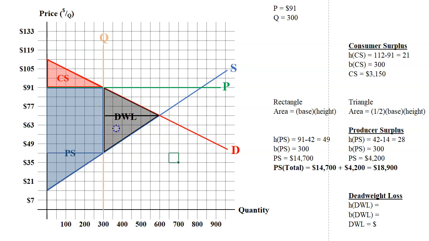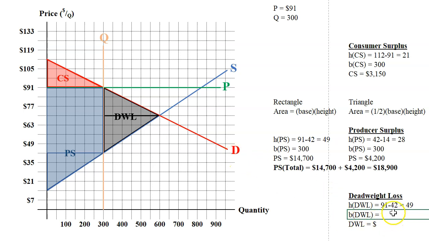All right, so the height of this deadweight loss triangle is this high number minus this low number, which is actually the same as this rectangle right here. It's 91 minus 42, which we've already found before is 49, okay?